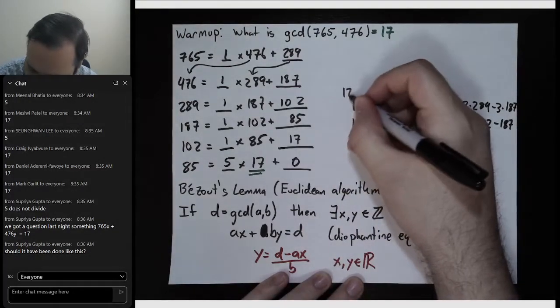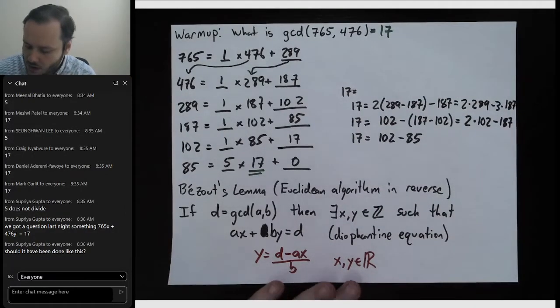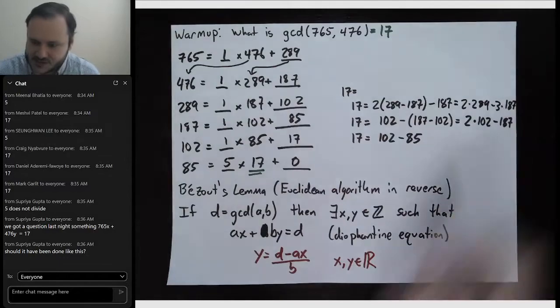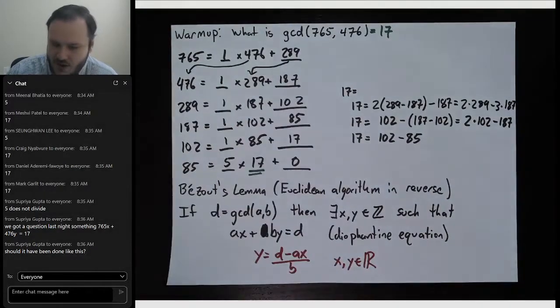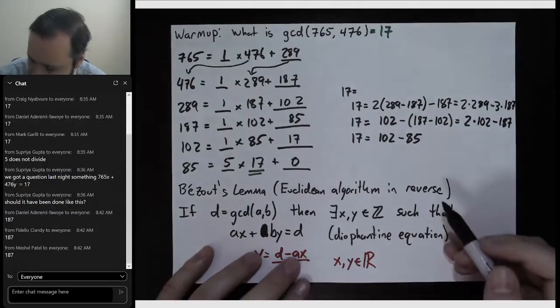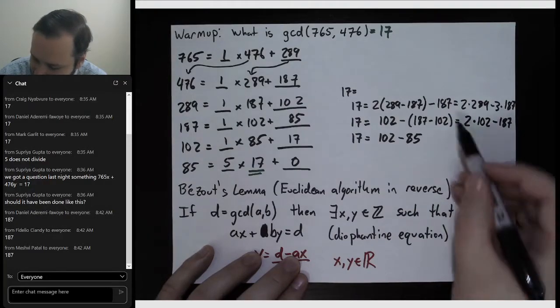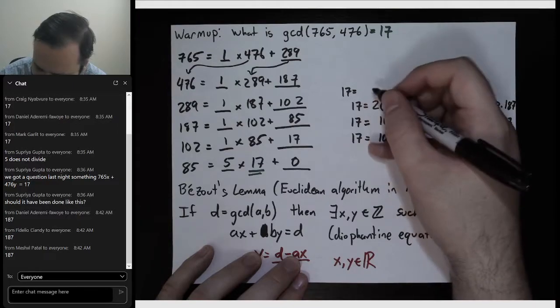Okay, next line up. Still 17 equals. What number am I going to replace in this line? Who's following along? This line gives me a better way of writing what number? 187. Good. Everybody's awake this morning. I like it. So I keep my 2 times 289. That's not changing.